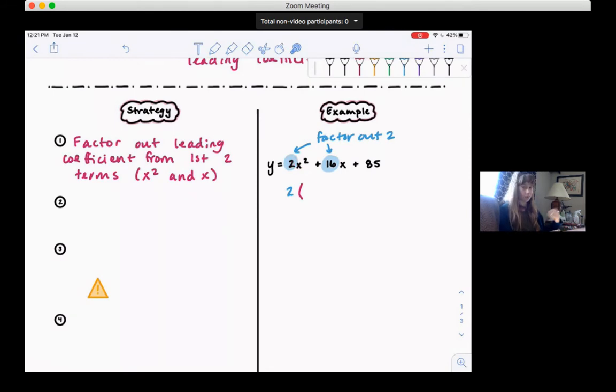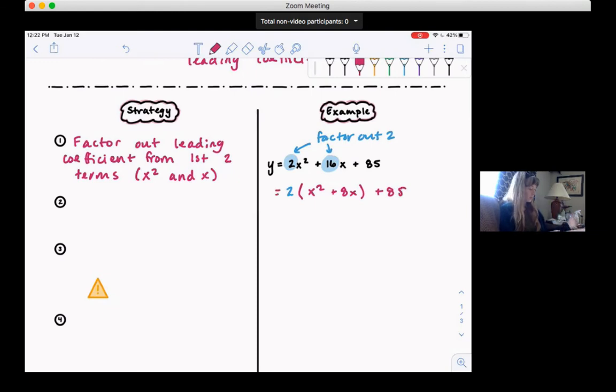Or if I divide a 2 out of that term, what do I have left over? 2x squared divided by 2 just leaves x squared by itself. And then we're going to do it also from 16x, so undistribute a 2 or divide a 2 out, and we're left with 8x. And then we still have plus 85 hanging out at the end.